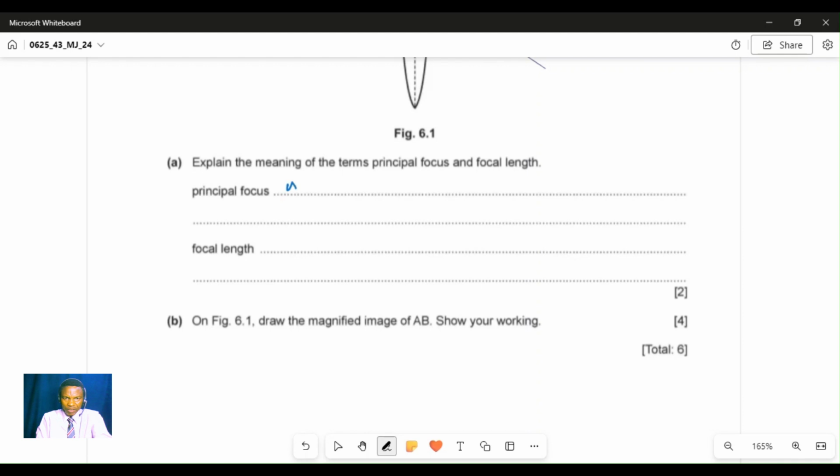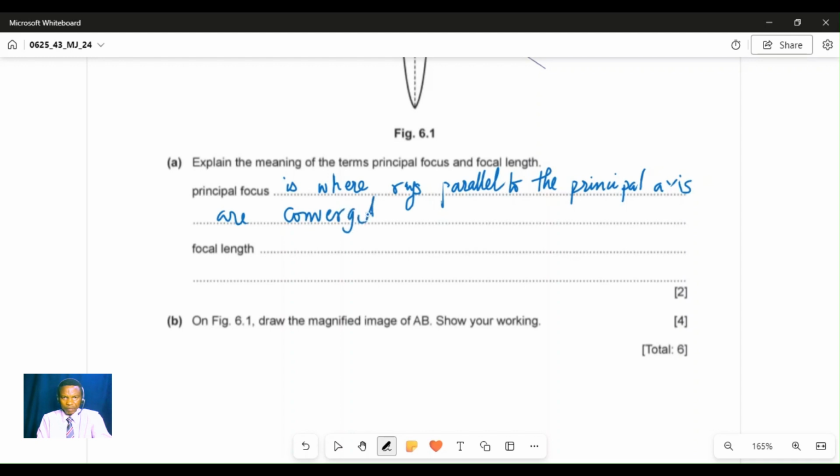Principal focus is where rays parallel to the principal axis are converged after passing through the lens.